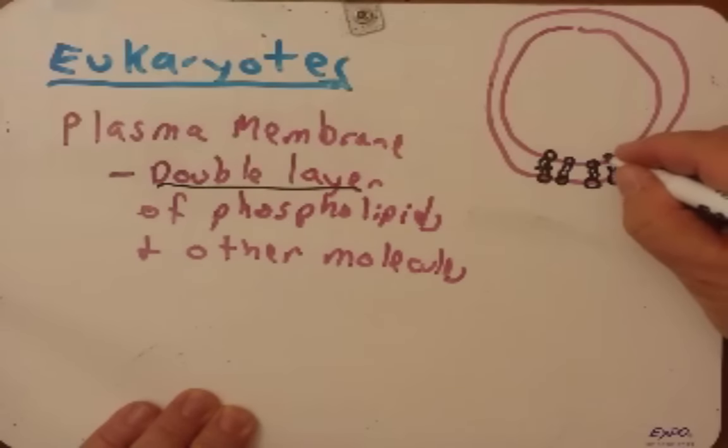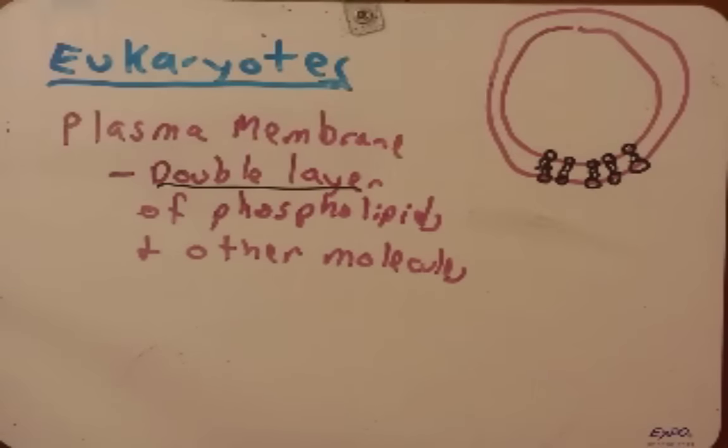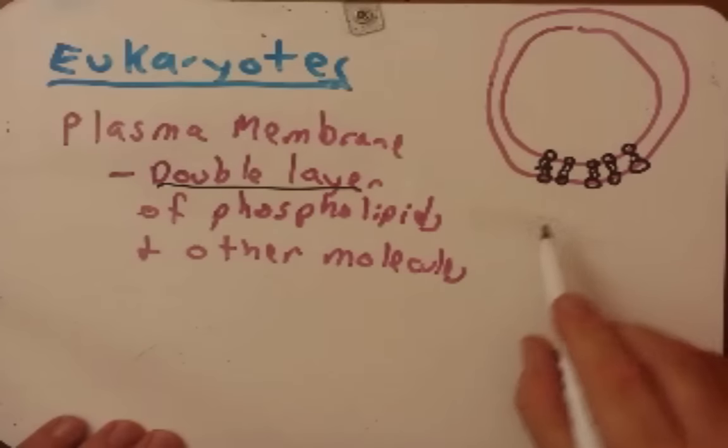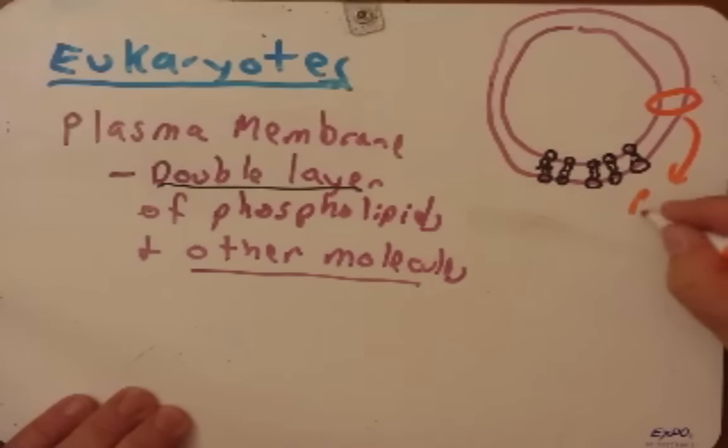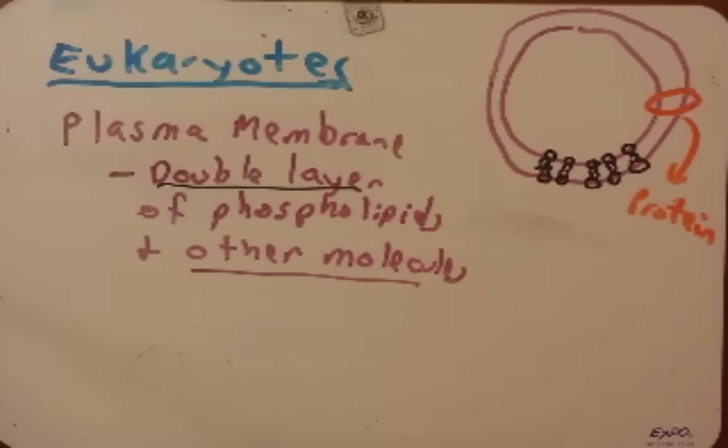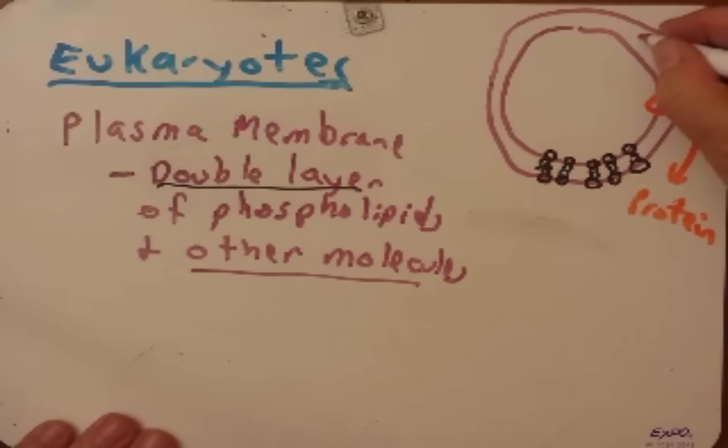Alright, I'm just going to draw a couple more of these. We also know that in addition to these phospholipids, as I wrote here, other molecules, that various proteins can be stuck in these membranes. So I'm just going to write protein. These turn out to be very important. We also know within the membranes, and we'll come back to this later, we could have various kinds of hormones.